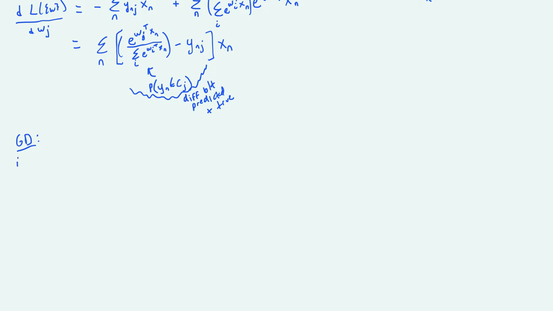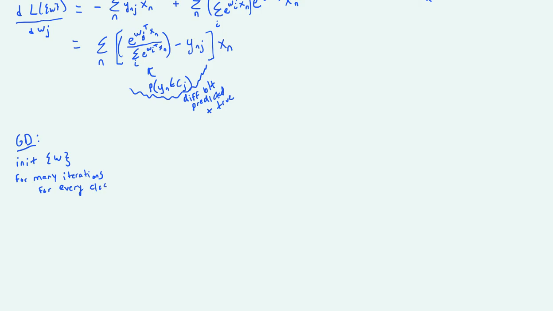So now let's define gradient descent for the softmax classification. The first thing we're going to do is initialize all of our W's. And then we're going to do many iterations of descent. So for many iterations, we're going to go over all of our classes. We'll visit every weight vector separately.